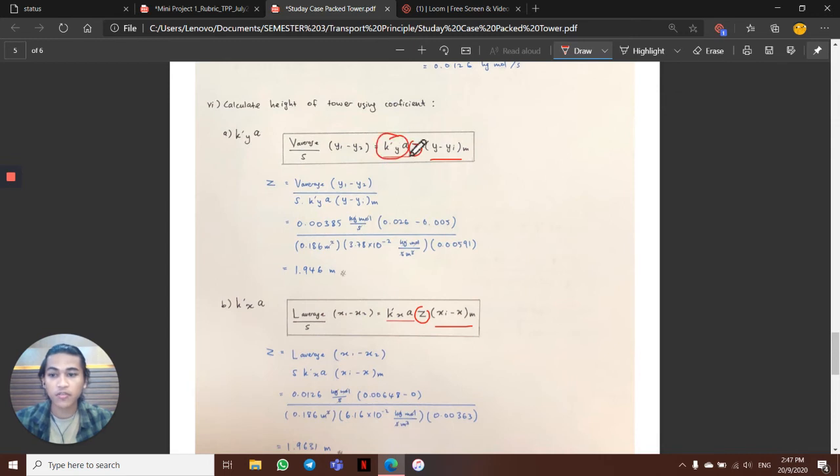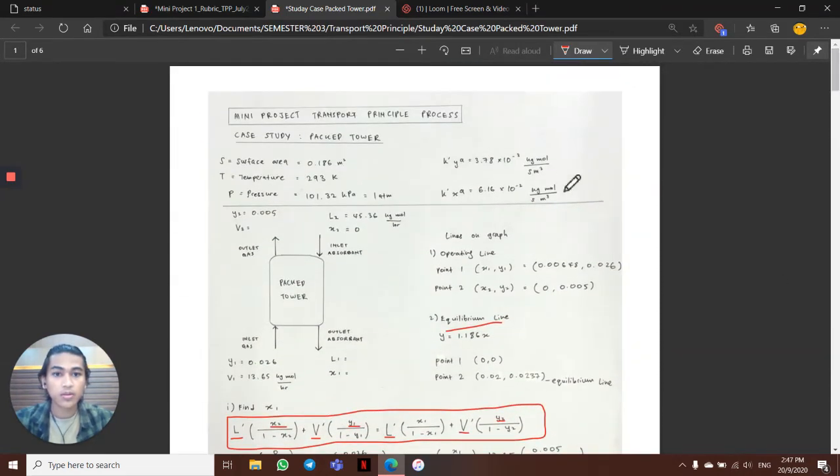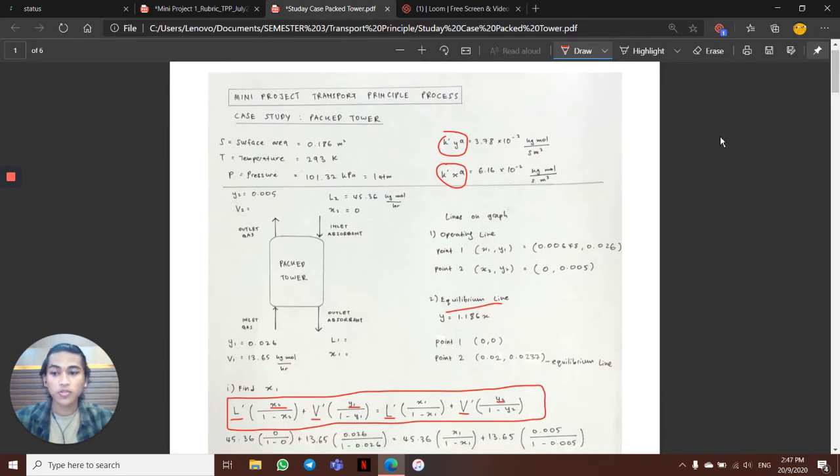This is already stated in the question. As you can see here, this is the mass transfer coefficient for k prime ya and k prime xa. All we have to do now is find the height using the different coefficients of mass transfer.